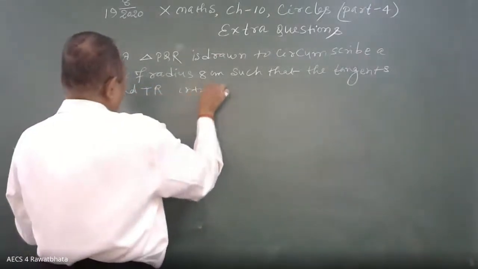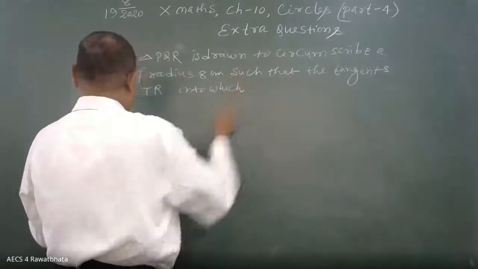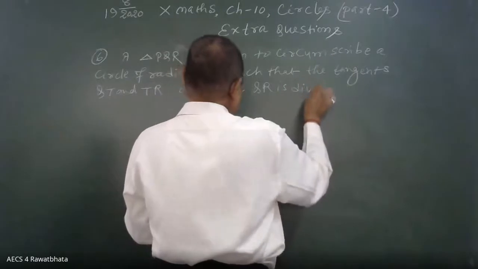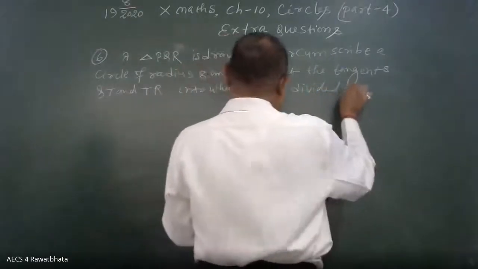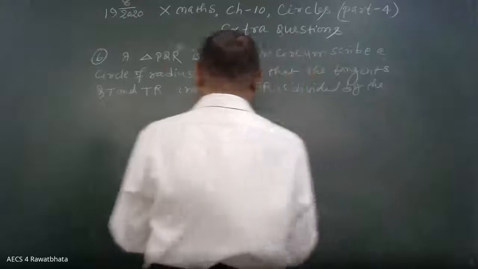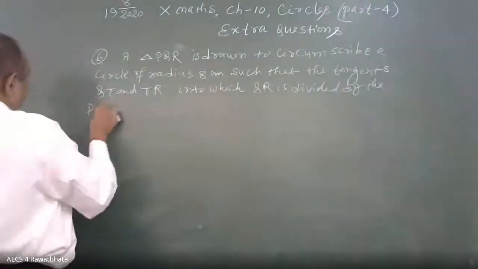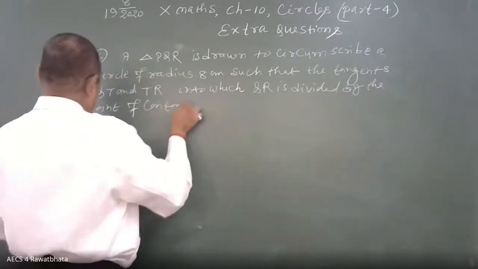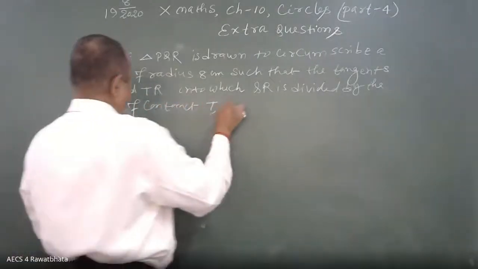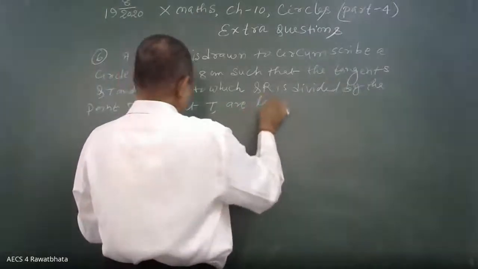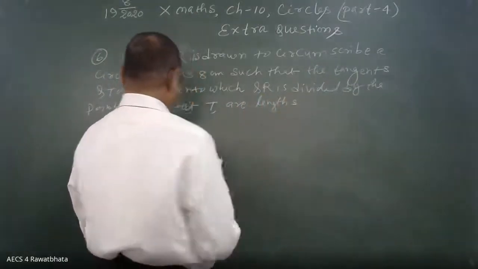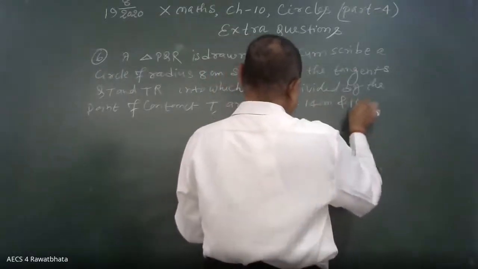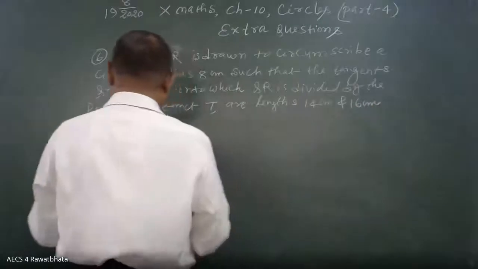into which QR is divided by the point of contact T are of lengths 14 centimeter and 16 centimeter respectively.